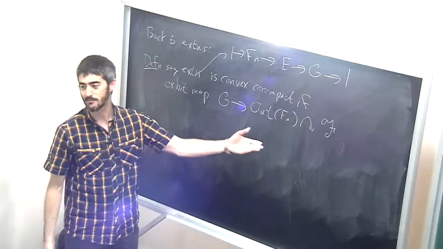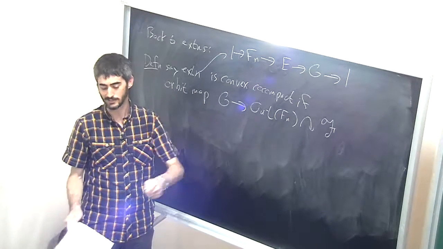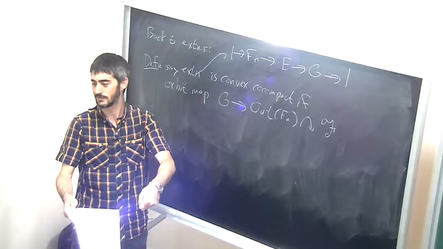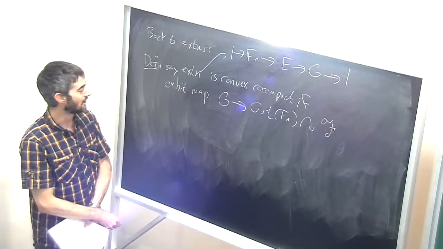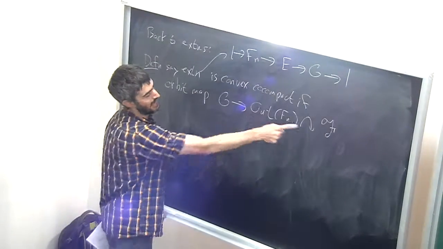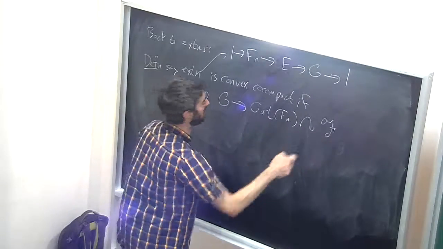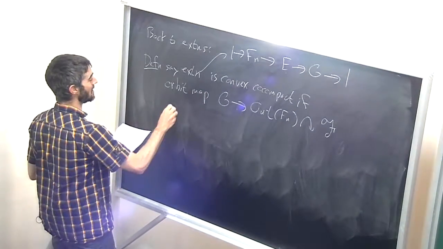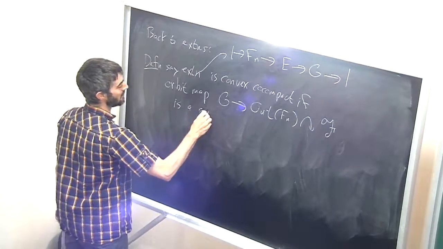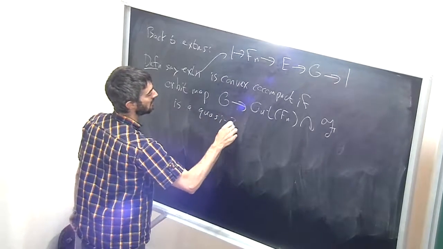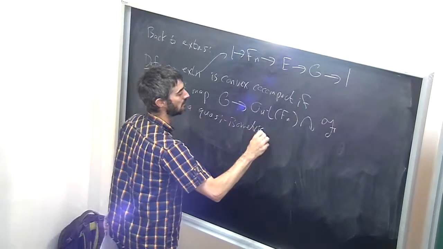I guess I didn't mention that, but it acts on the set of free factors, and it preserves when things are jointly part of a basis. So you get an action like that. Okay, so this homomorphism builds an action for me of G on the free factor complex. And I want that to be a quasi-isometric embedding.